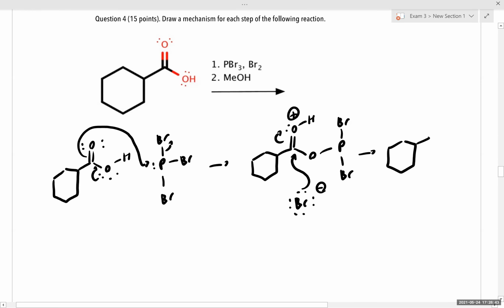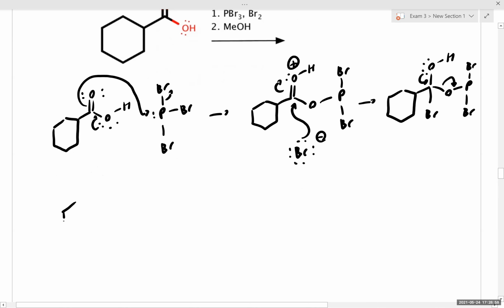Bromide will attack the electrophilic carbonyl carbon, and we will generate a tetrahedral intermediate, as we've seen time and time again. From here, we're going to kick out our activated leaving group, one of the few cases where bromide is not the best leaving group of our choices, and we'll generate our protonated acyl bromide.